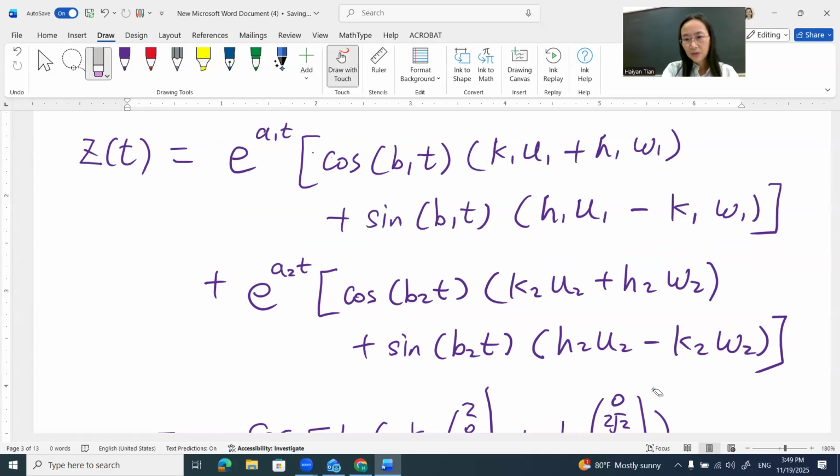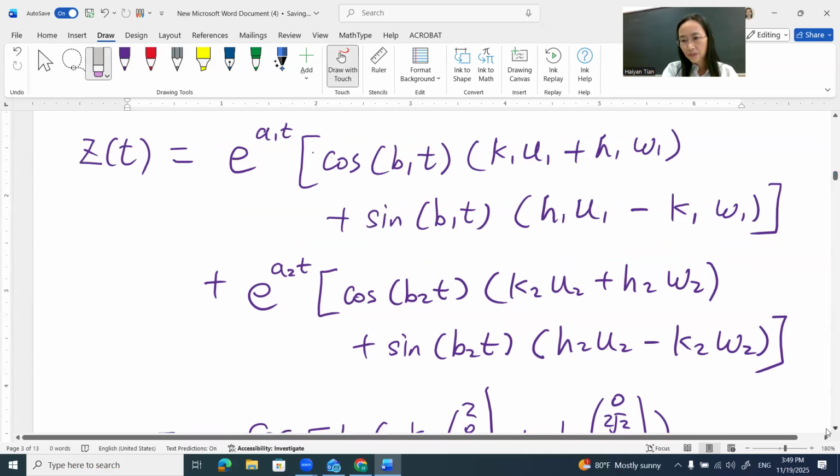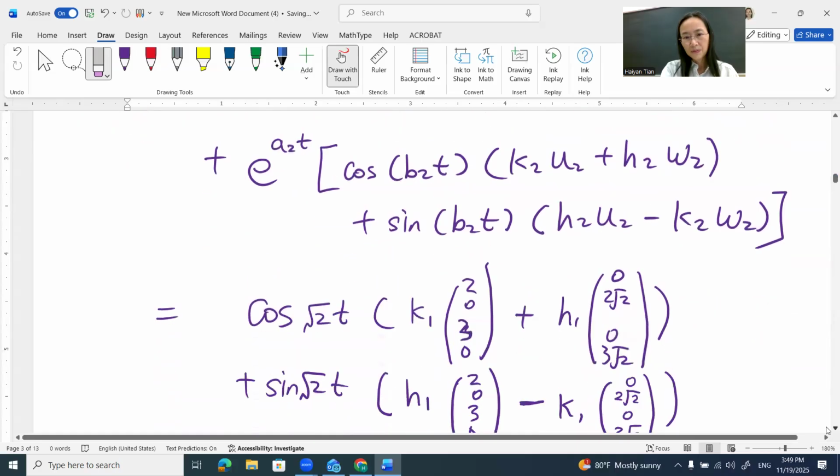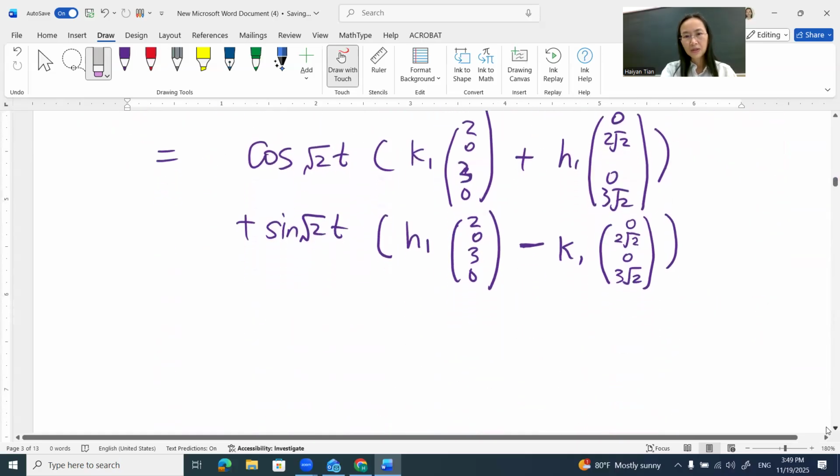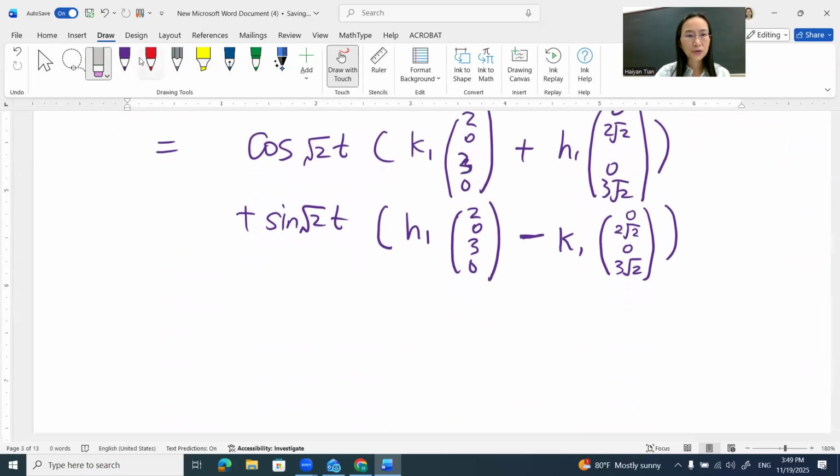So e to the a2 t. It looks lengthy, but you see the structure. Once you practice, you will see. What is e to the a2 t? A2 is also 0, remember, 0t, so that's a 1, and we don't need to write it.